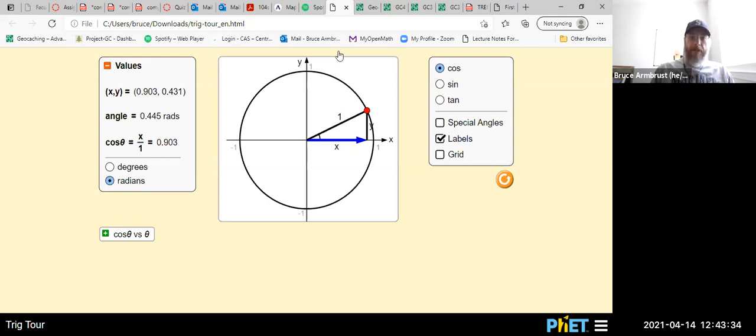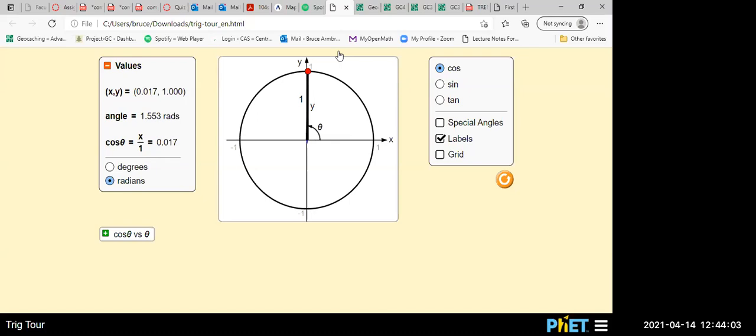All right, so let's just kind of watch what happens to these values as we move around. So we already know that that x coordinate is 1 when we're out here at 0 degrees or 0 radians. And as we start moving in this direction, what happens to that x number? What's going on as I spin around this way? Oh, went too far. It gets smaller. It got smaller, right?